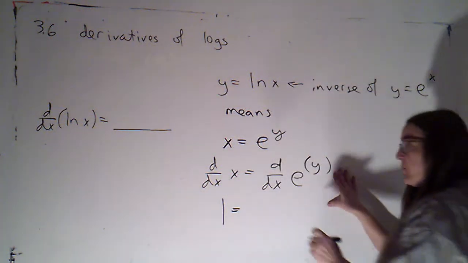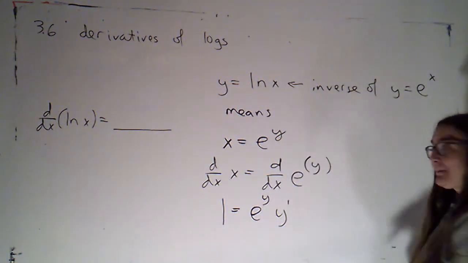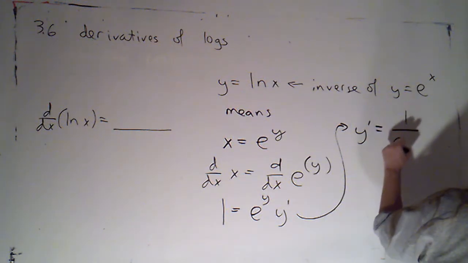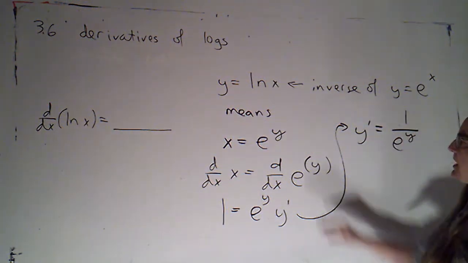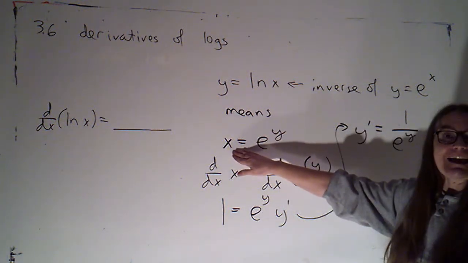Derivative of e to the y is e to the y times y prime. Now I solve for y prime and I get that it's 1 over e to the y. But e to the y was just a fancy name of writing x.